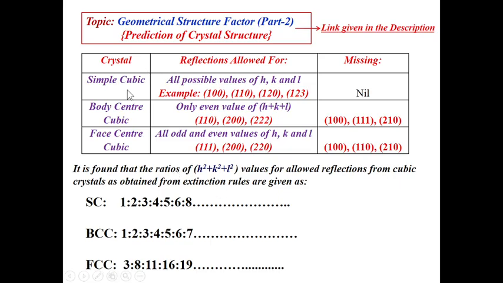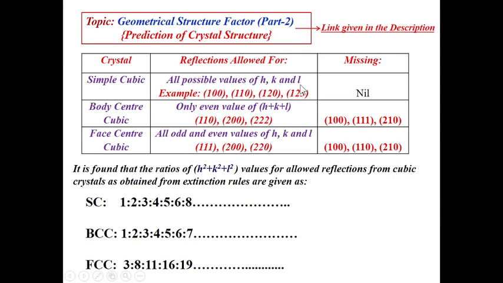the simple cubic structure. Here suppose we are going to consider different crystalline materials, that is simple cubic, body centered cubic, face centered cubic. For simple cubic, all possible values of HKL are possible. That means all possible planes are going to be reflected.